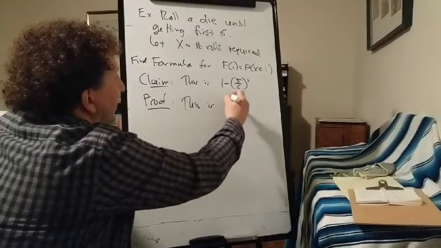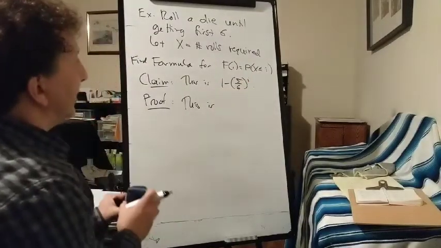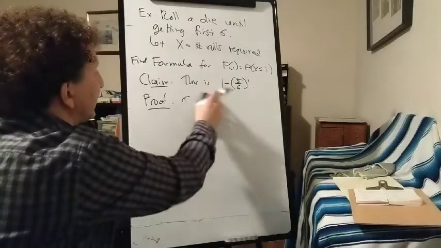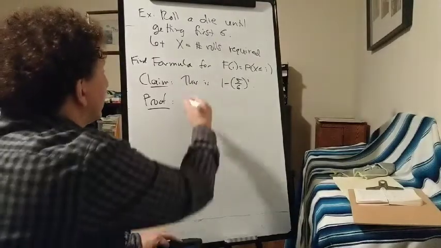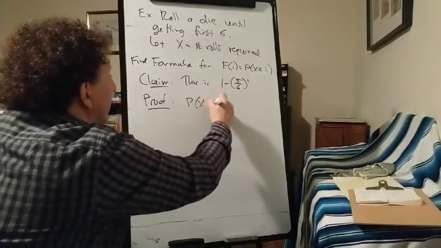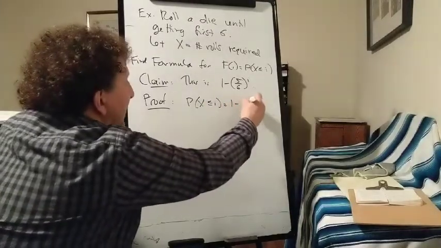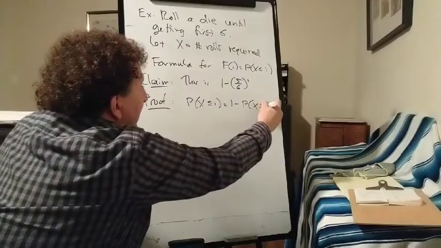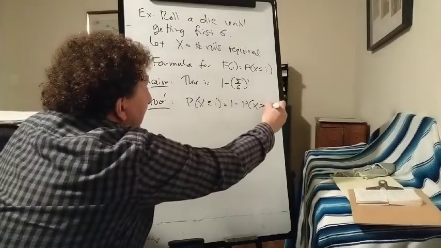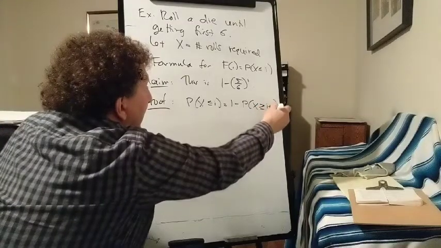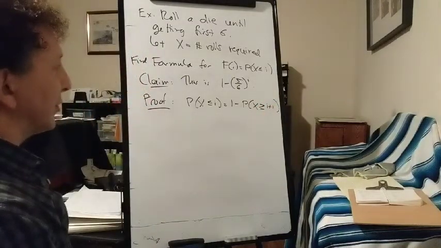So the probability of needing i or fewer trials is 1 minus the probability of needing i plus 1 or more trials.